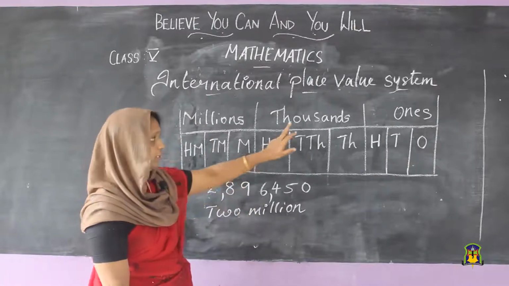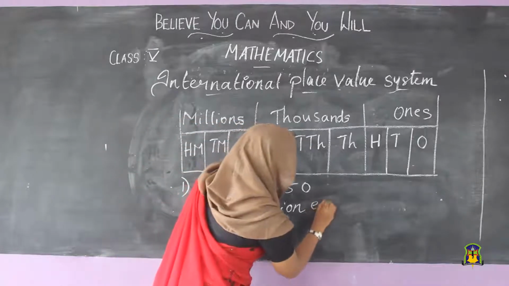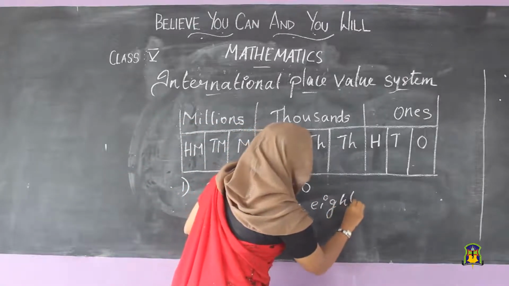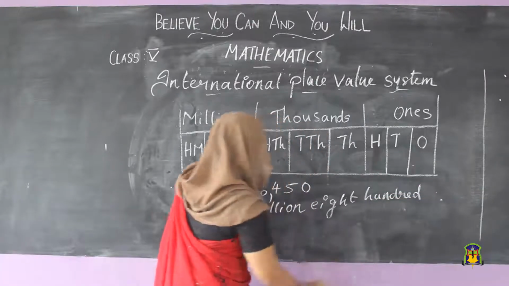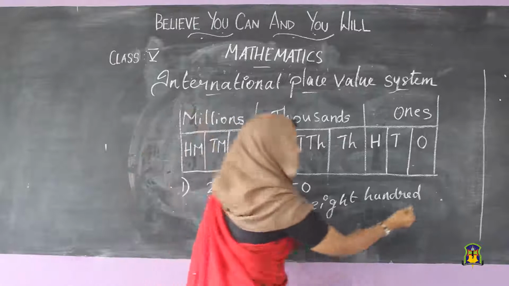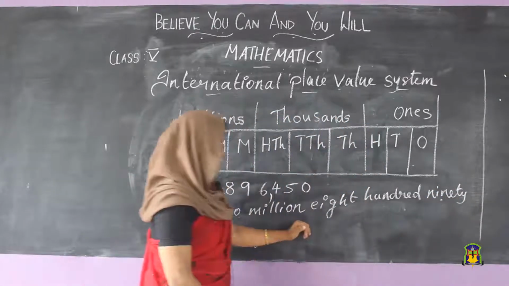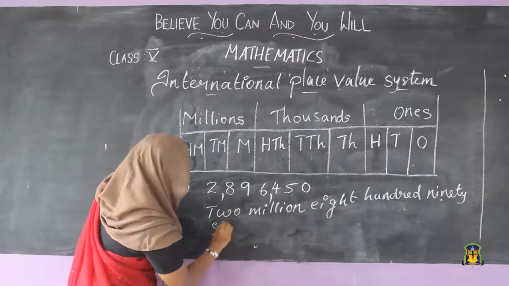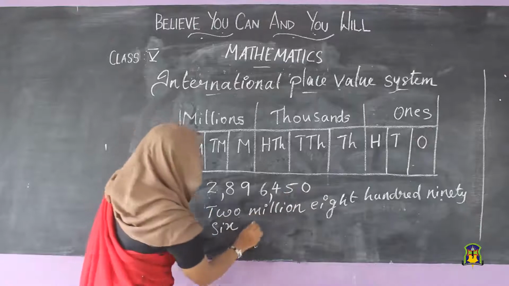This comes under where? Thousand period. So, 896. Then 450.